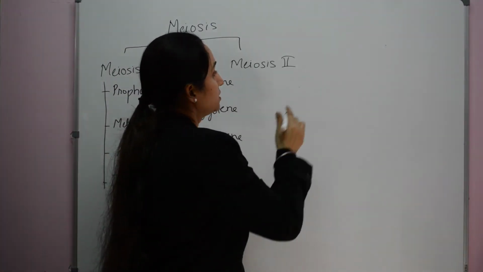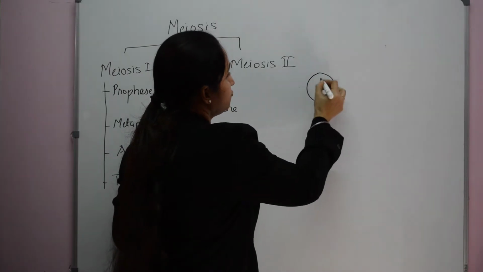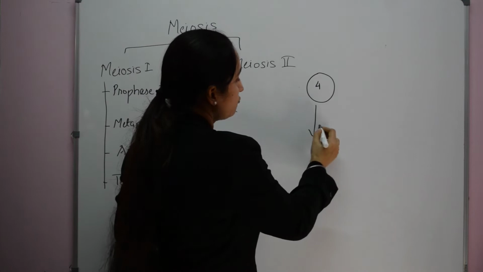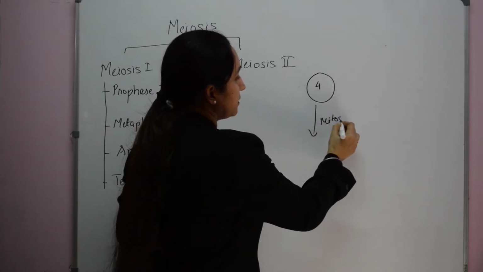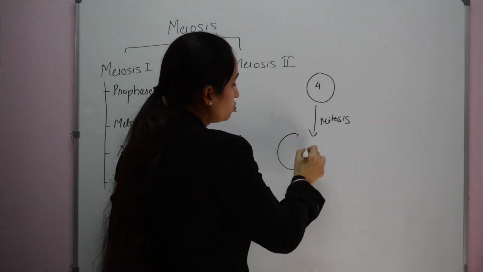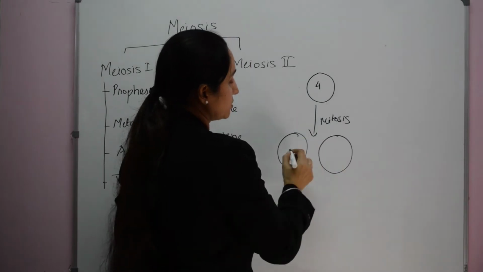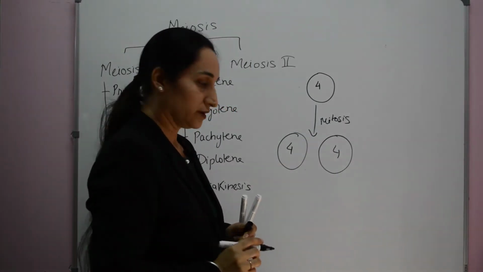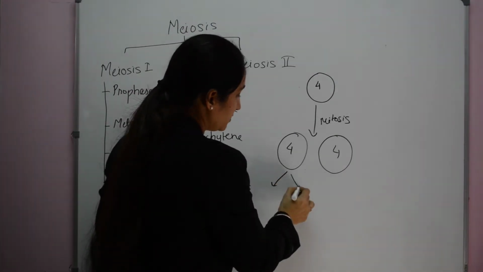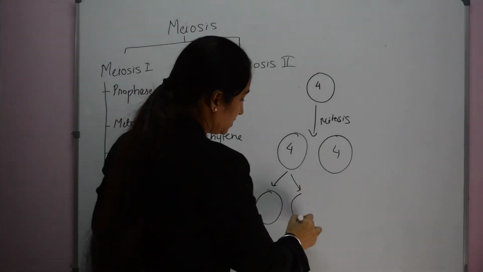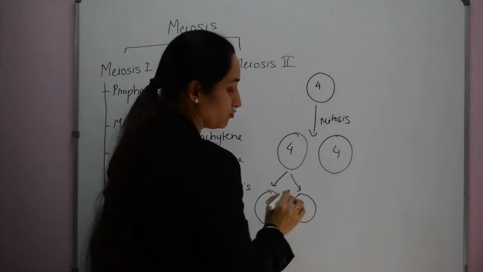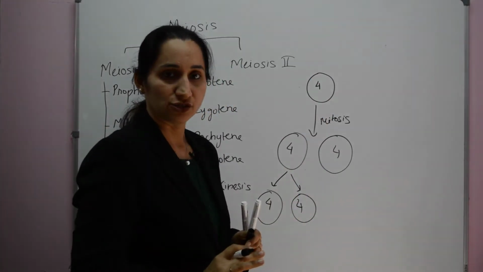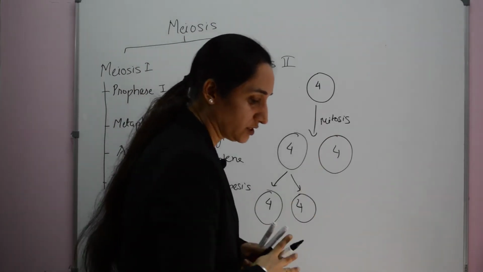Let us suppose this is a cell having 4 total chromosomes. In mitosis, this will form 2 daughter cells, and both daughter cells will have 4 and 4 chromosomes. Again, when they divide into 2 daughter cells, they will again have 4 and 4 chromosomes as per mitotic division. So now there is no problem.